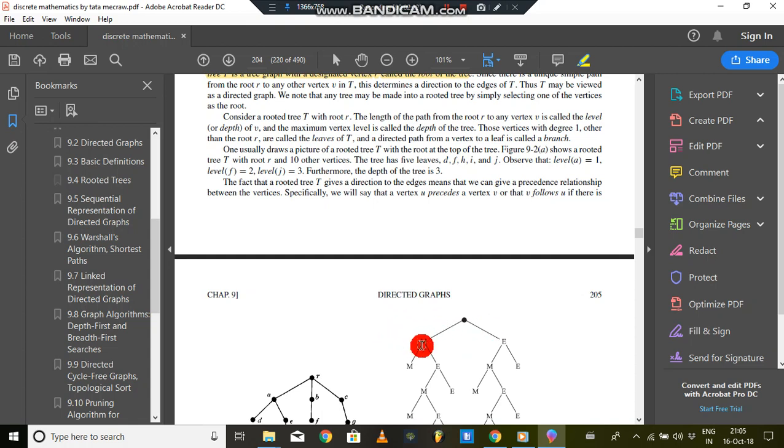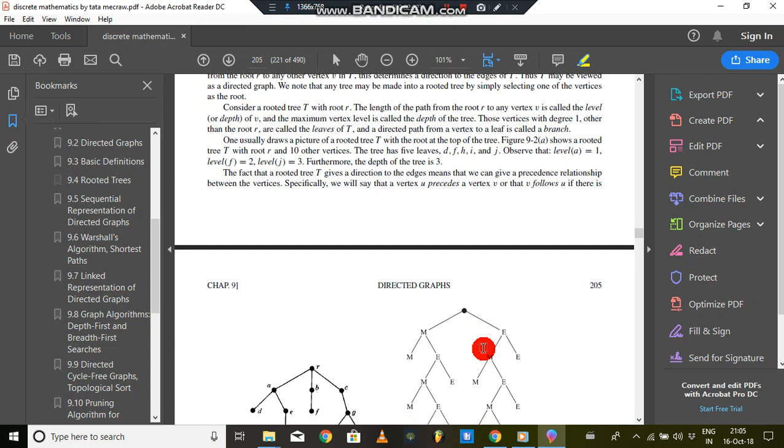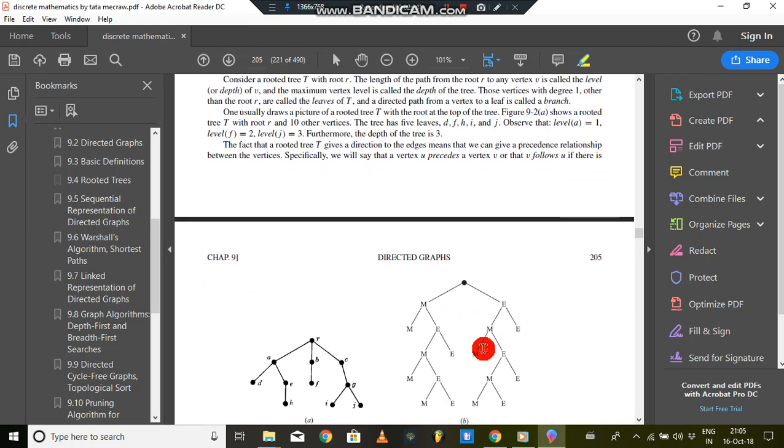You already know what a directed graph is. Here we note that any tree may be made into a rooted tree by simply selecting one of the vertices as the root. Are you getting my point?